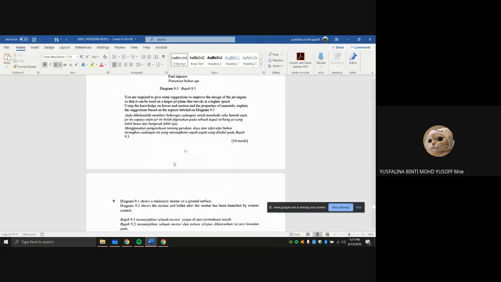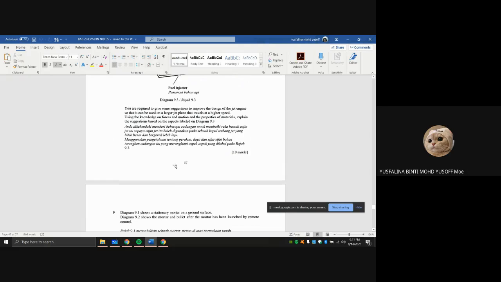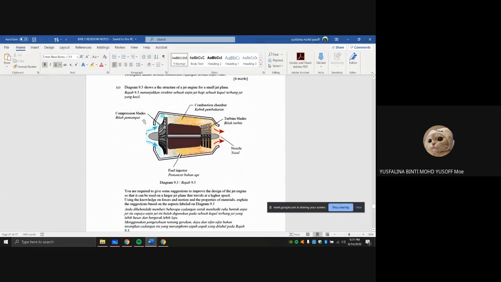The next one is you have to improve the design of the jet engine so that it can be used on a larger jet airplane that travels at high speed. It already gives you what you should modify here. There are 1, 2, 3, 4, 5, which means you have to modify these 5 characteristics.